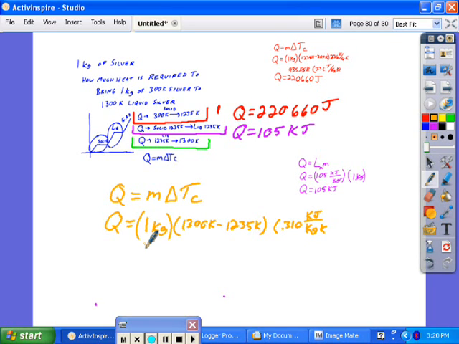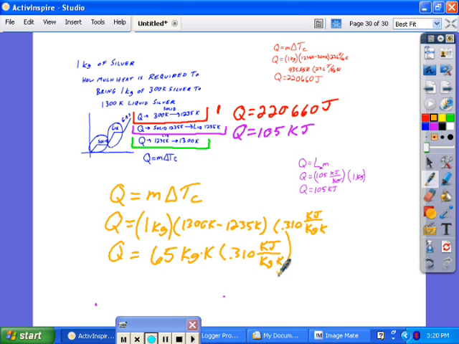So 1300 minus 1235 is going to give me 65 Kelvin, times 1 is 65 kilogram Kelvin, times 0.310 kilojoules per kilogram Kelvin.